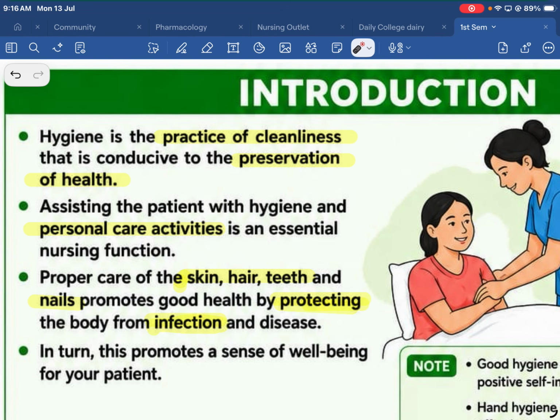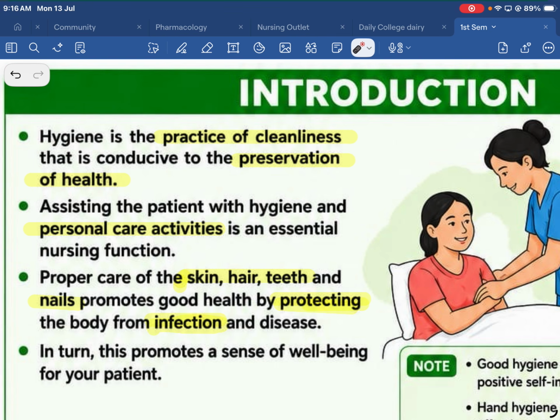Hygiene is not particular to one part. It is related to skin care, hair washing or hair care, tooth brushing and nail cutting. These are all part of hygiene, right? Cleaning, cutting and washing, and also washing clothes come under hygiene.